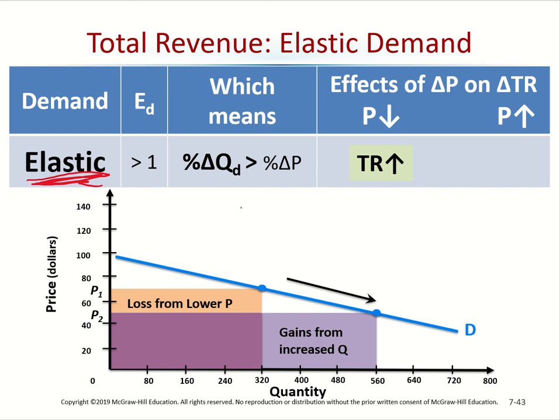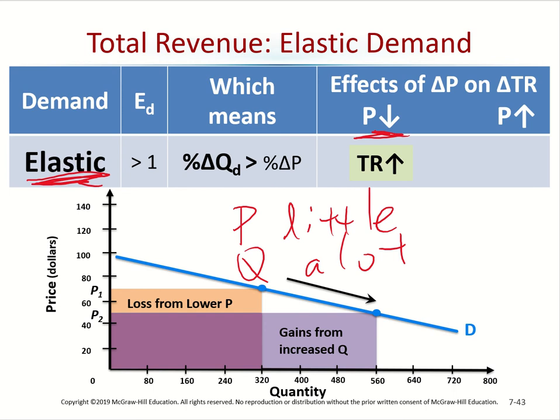So when you change the price by just a little bit, our quantities will change by a lot. When you see the price decrease there, you're going to change your quantity by a lot. So in that case, companies should lower the price to increase total revenue. Vice versa, if you decide to increase price, the total revenue will go down.